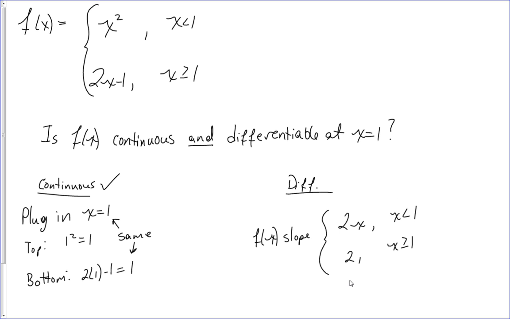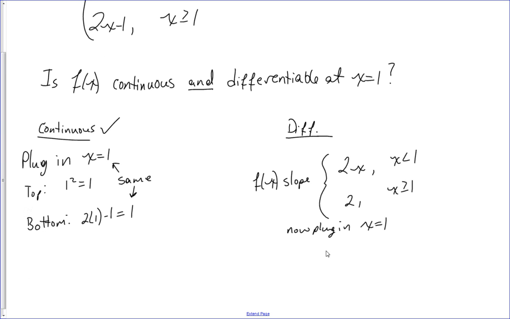Now what we need to do is plug in x equals 1, because that's the point that we want to know if it's differentiable at. So plug in x equals 1, and the top slope equals 2 times 1, which is 2, and the bottom slope equals 2.